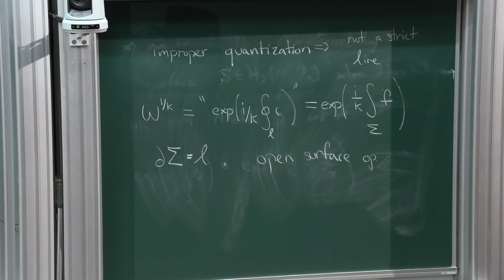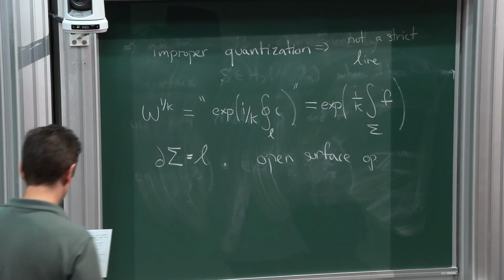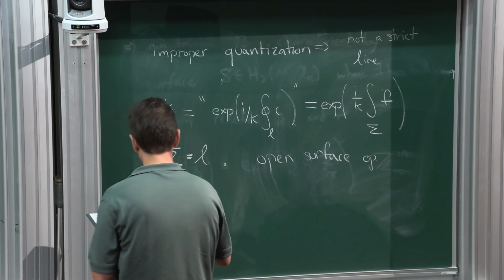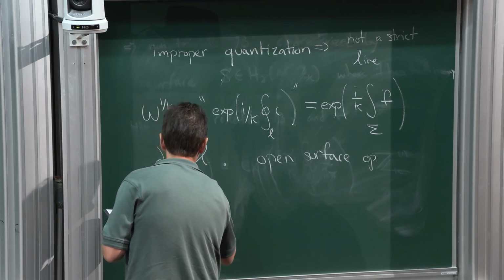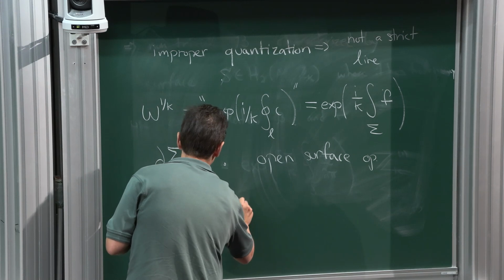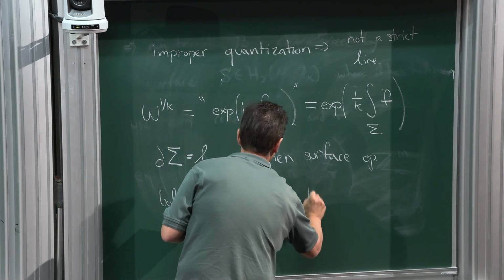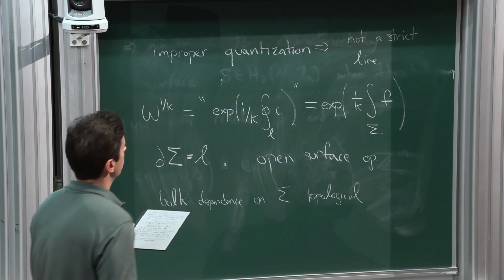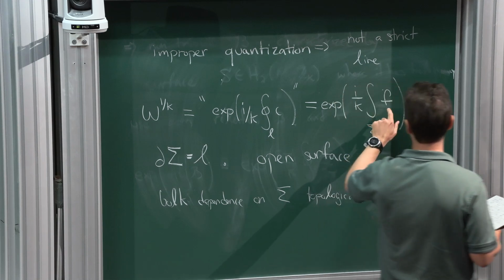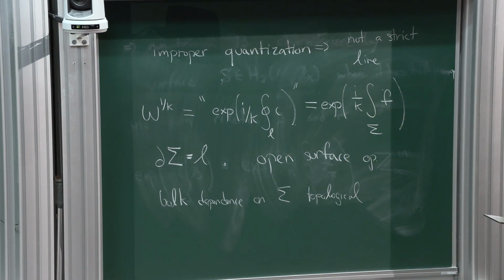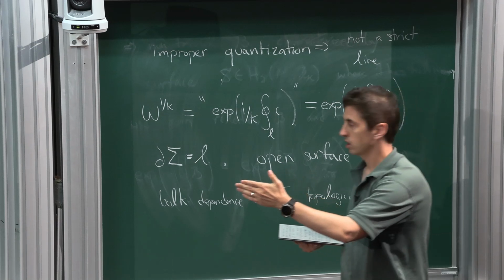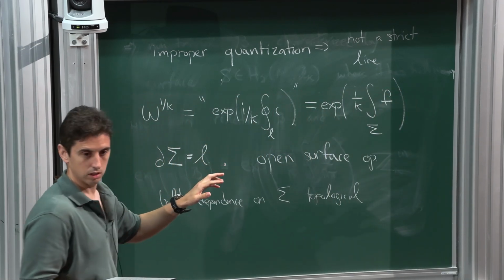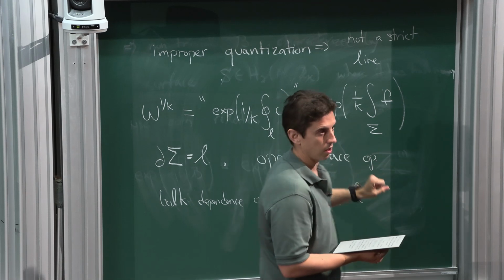Its dependence on the surface is topological. Why? Well, again, we recognize that this is the one-form symmetry generator. Right? That integral of F, that's the surface operator generating the magnetic symmetry, if it was on a closed sigma. Here we've tried to cut it open. The boundary is not topological. But the bulk wiggles of sigma are topological.